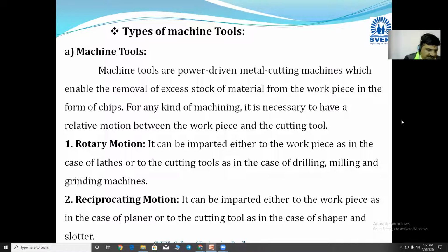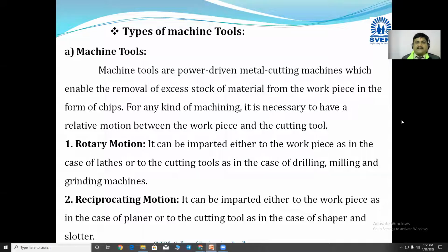So in the machine tools, first of all, we are going to understand what we mean by machine and what are the types of these machine tools. Here the definition is given that machine tools are power driven metal cutting machines which enable the removal of excess stock of material from the workpiece in the form of chips.